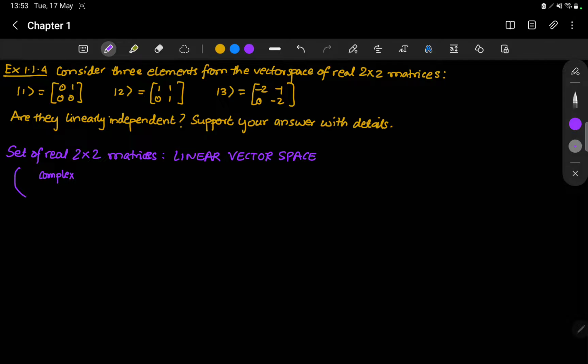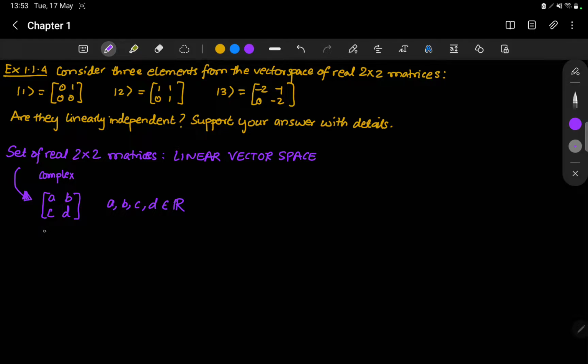So just for an example, let us see what the null matrix for this set of real 2 cross 2 matrices would be. The most general real 2 cross 2 matrix would be this, where A, B, C, D belong to the set of real numbers.